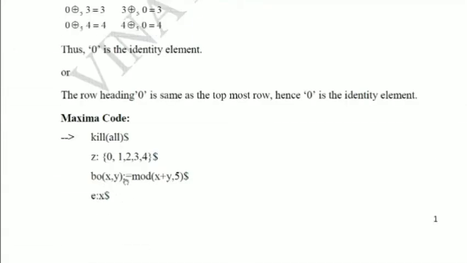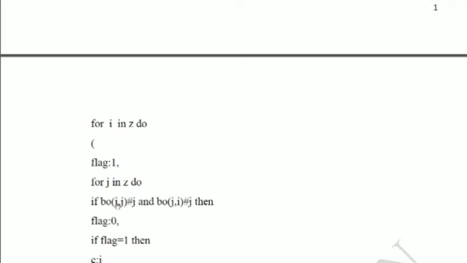If binary operation of i and j is not equal to j and binary operation of j and i is not equal to j. Remember, BO of xy is (x plus y) mod phi. So BO of ij is i plus j with respect to modulo phi.